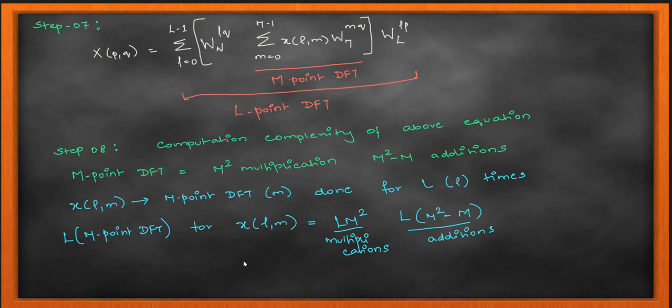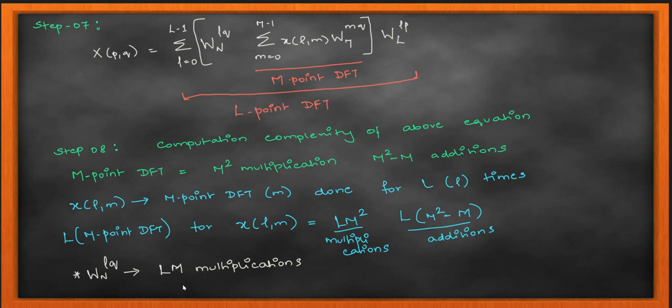If it is still not clear, just wait for the example that I will be showing you next, and it should become clear why we are multiplying with L. And then next is our scalar, a standalone multiplier W_N to the power of LQ, which is given by LM multiplications.